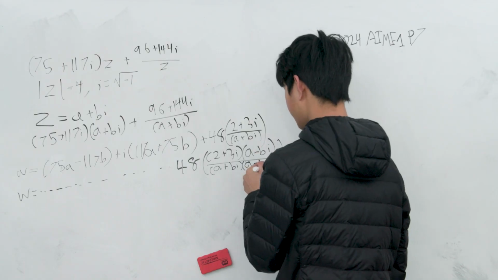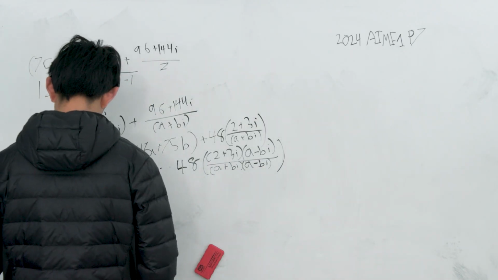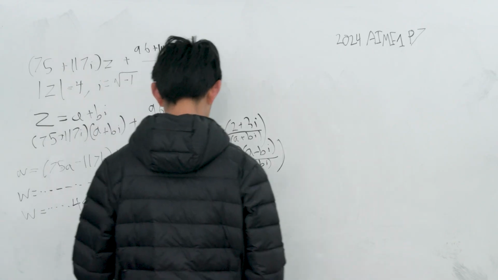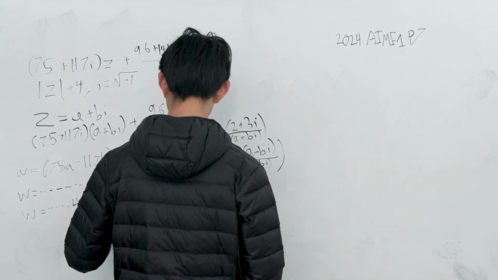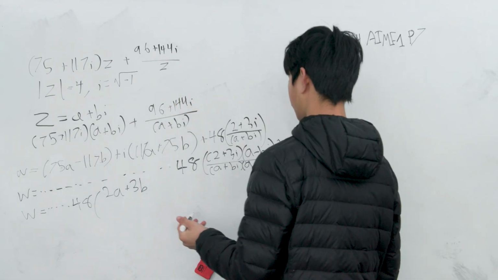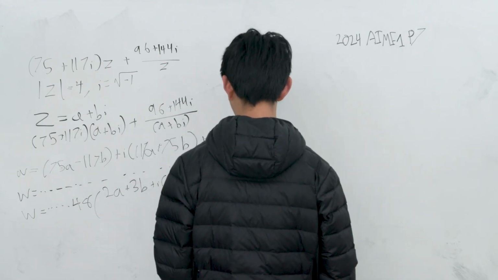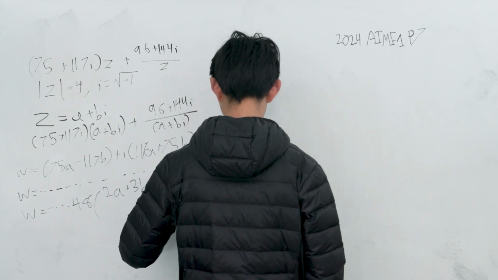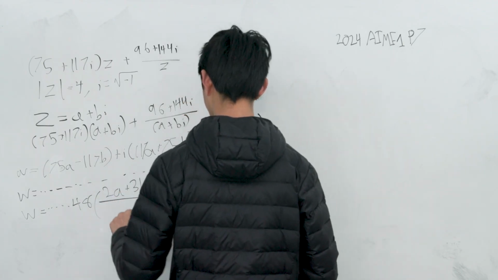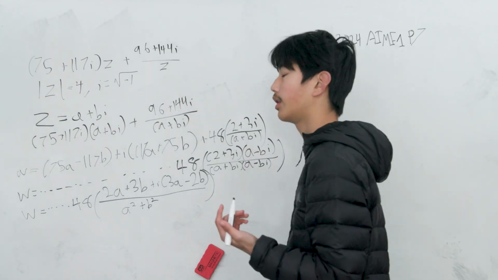All of this simplifies, and I'm going to write it a little bit smaller now. 48 times (2a + 3b), and then on the top we can factor out the i, and this becomes (3a - 2b), and then divide this by a squared plus b squared, which we know is 16.